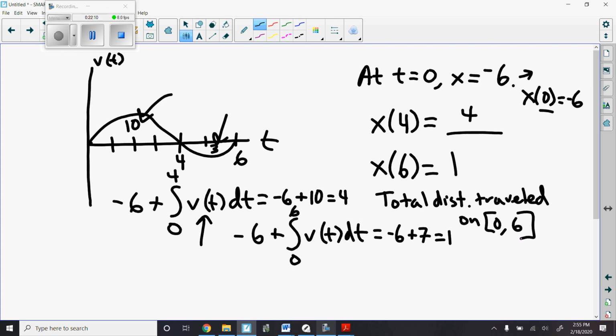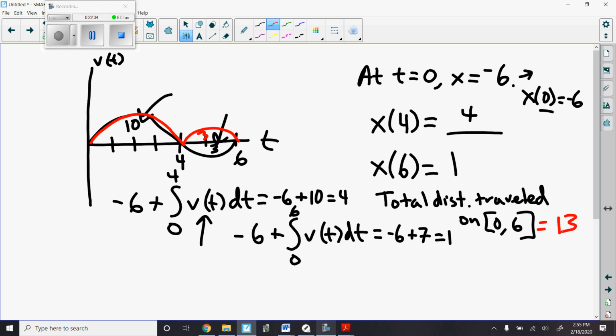So basically what it does is it adjusts this graph to look like this. This region doesn't change, but this region would do this now. And I'd have a 3 up here. And that 3 now is going to count as positive. So my total distance traveled on 0, 6 would now be 10 plus 3, which would be 13.